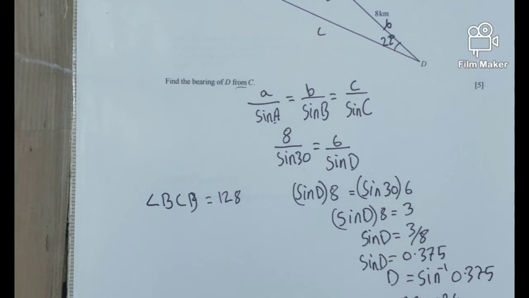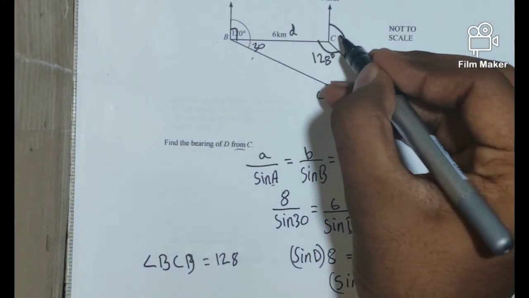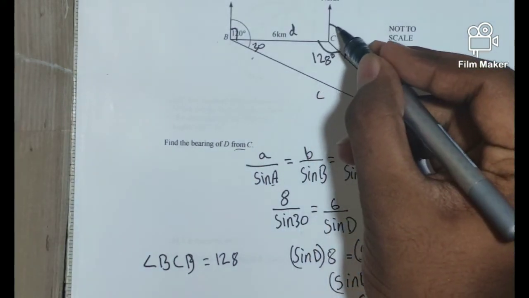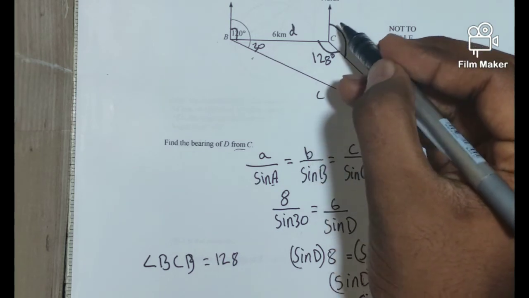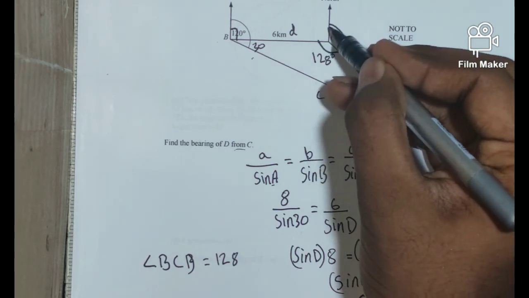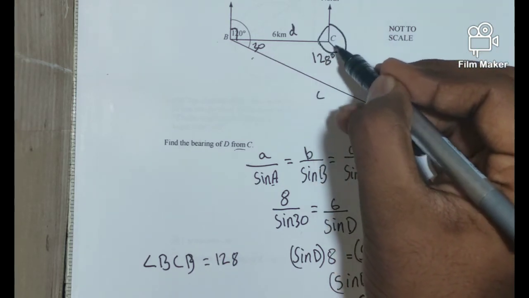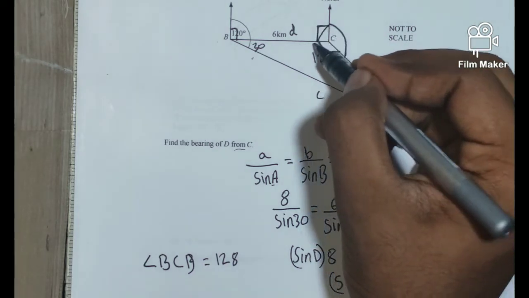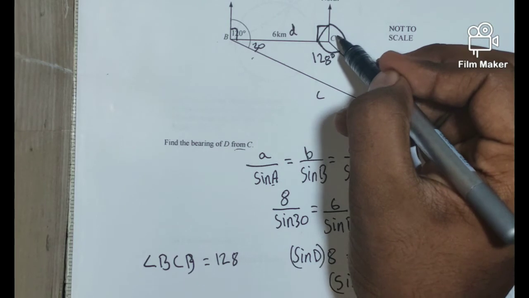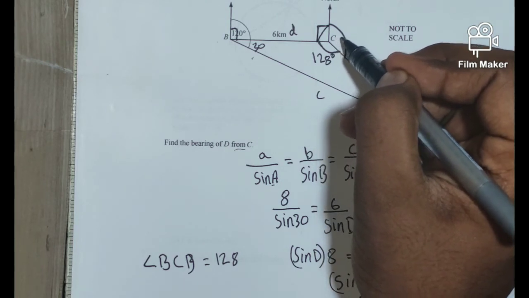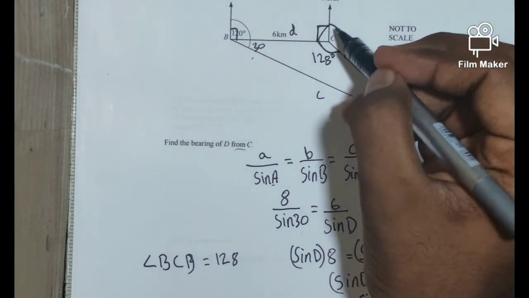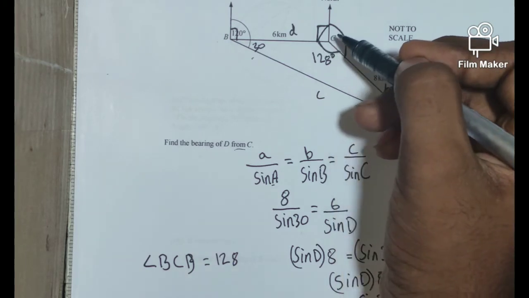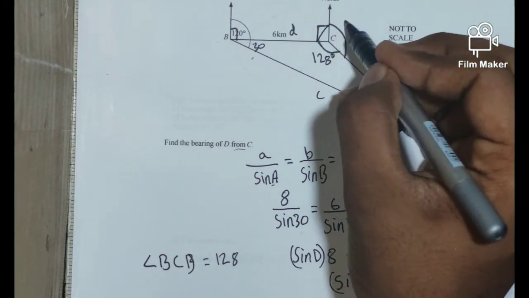Now we need to find this angle. In order to find it, we need to calculate the value of this whole. We can see that this is 90 degrees and this is 128, and we need to find this angle's value. If we add these three angles, it will sum up to 360 degrees.